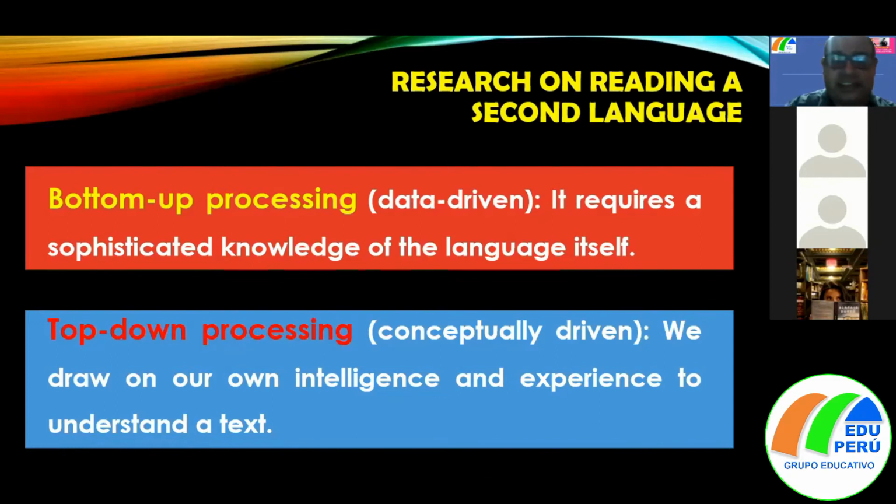And the other one is related to the language, the knowledge that we have about our own language and the foreign language or the second language. So notice here we have these two aspects. When a person starts reading, we're going to use these two processes, the bottom-up and the top-down.